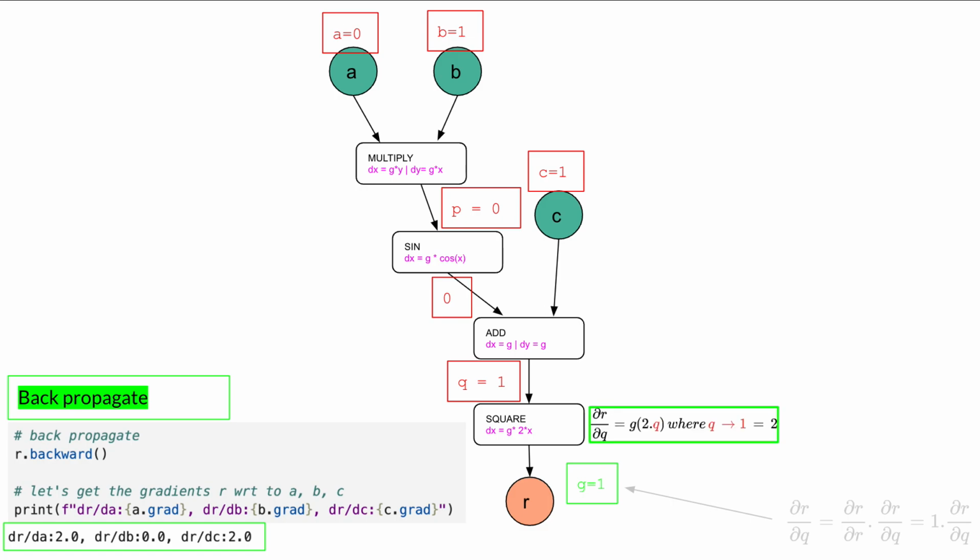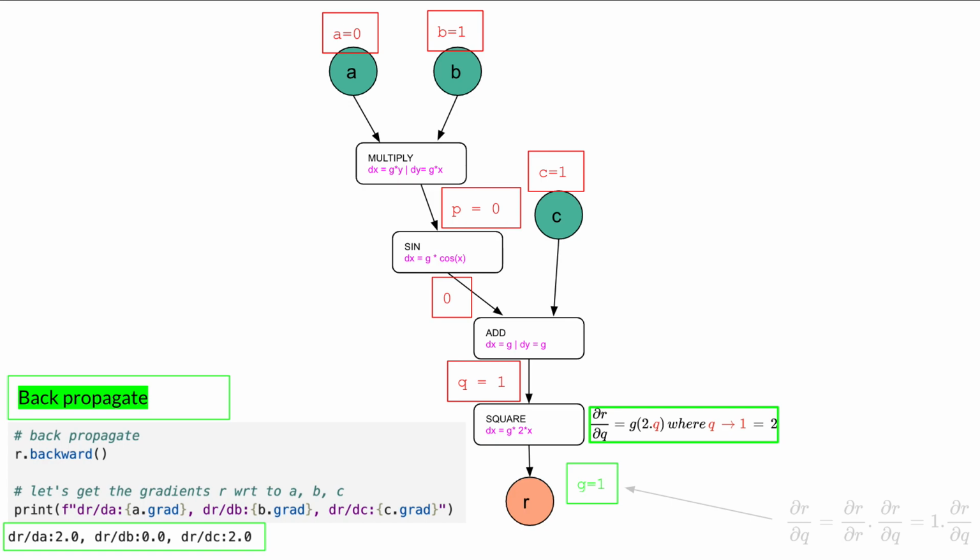Then we can see for the square, the differential of the square function, x raised to the power of 2, is 2x. And then to do the chain rule, we multiply that by g. g is the input of 1. x is set to q, which is 1.